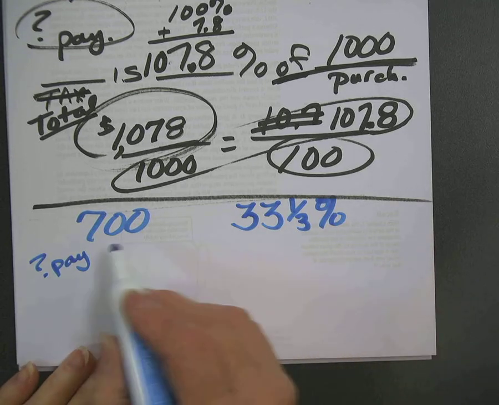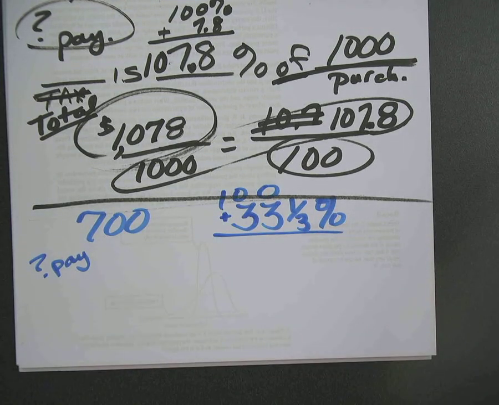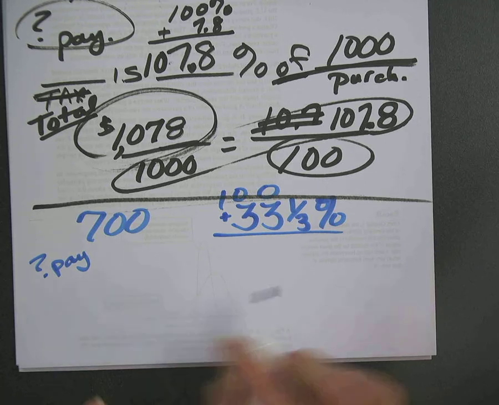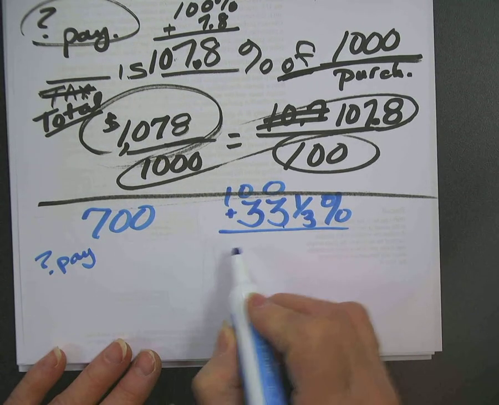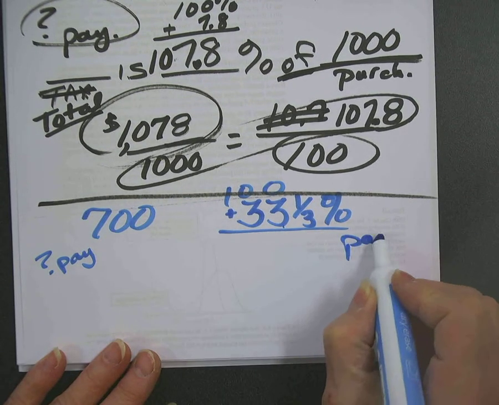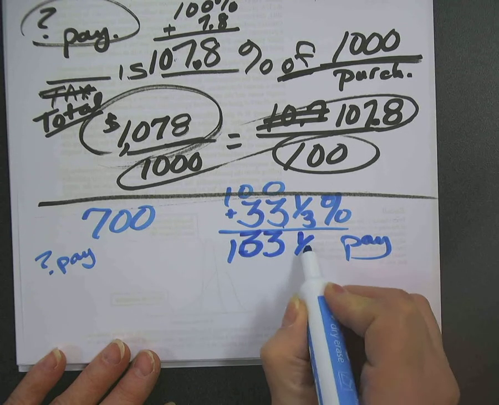Okay, so you'd want to add the 100 to that, right? To get what you paid for your percent. The tax is this much, but if you add your purchase, you'll actually be paying 133 1/3%.